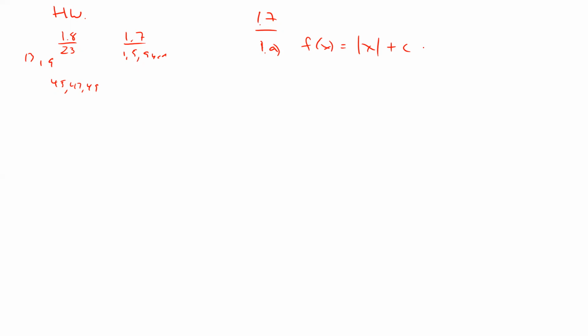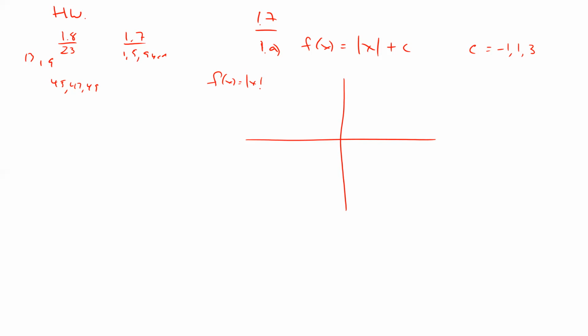And then it says, as part of the instructions, let C be -1, 1, and 3. And so because we've done 1.6, we know at 1.7 the graph of just the regular absolute value of x would be, right? It's a V shape, is that right? It comes down as a V shape?